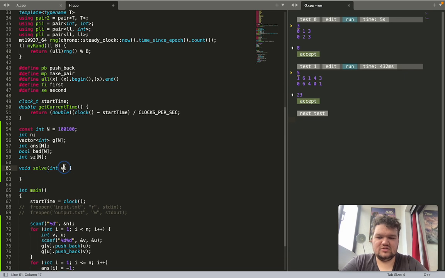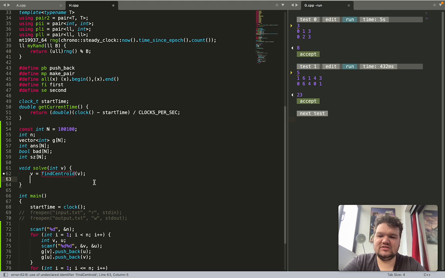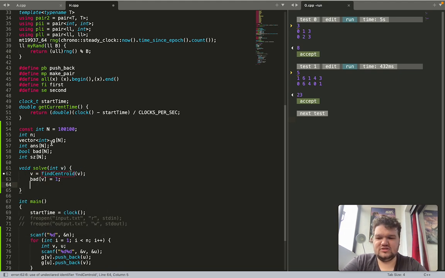Function solve takes some vertex of the current tree for which I should solve. It will first find the centroid for the component, and then it should set the centroid to be v, and set the answer to v for every other vertex.